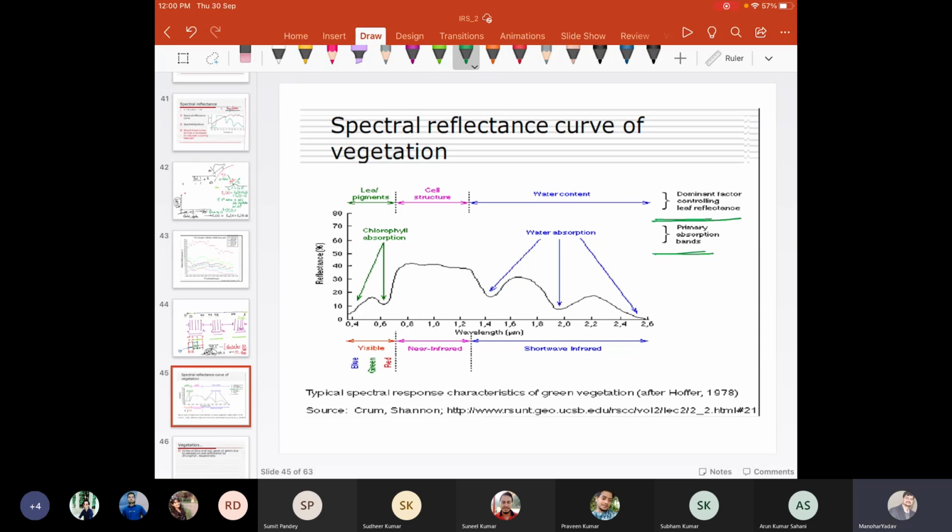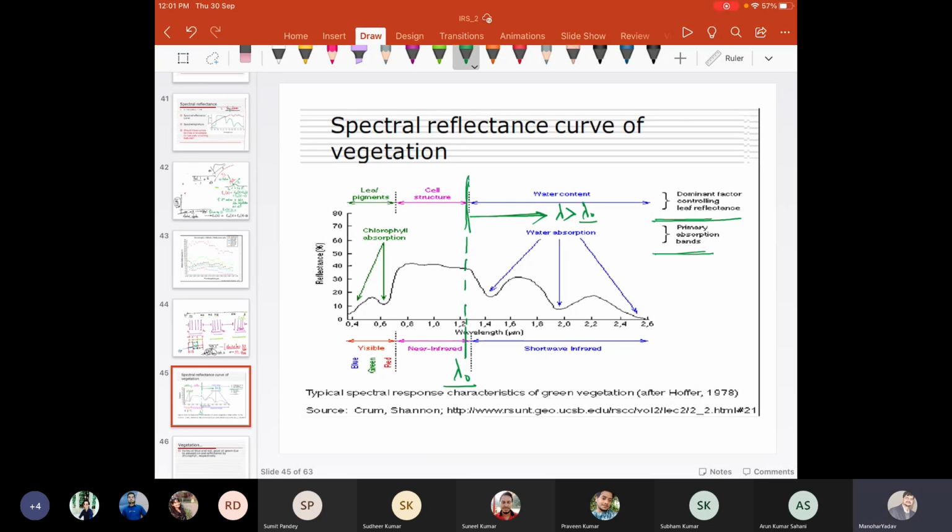And other parameters which we consider over here, in the range where water content is the dominant factor, if you see this range, it is I think 1.3 micrometer. After it crosses 1.2 micrometer, between 1.2 to 1.4, if the wavelength is more than that level, this is lambda naught over here, then in this range, the reflectance from the leaves is governed by the water content within the leaves.